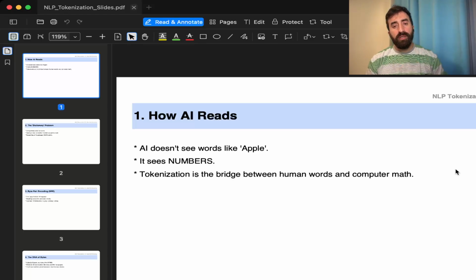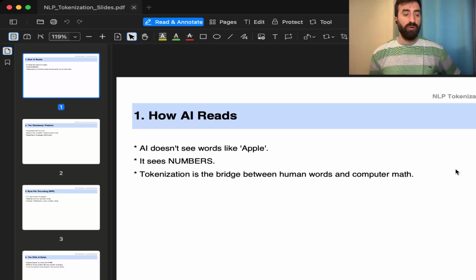The downside was that if we suddenly had a word that was not part of the vocabulary, like zoodle, it would cause a crash and result in an out of vocabulary error, or OOV.